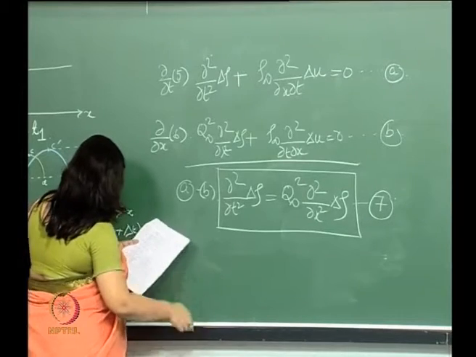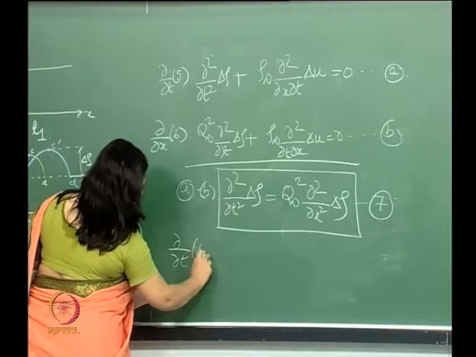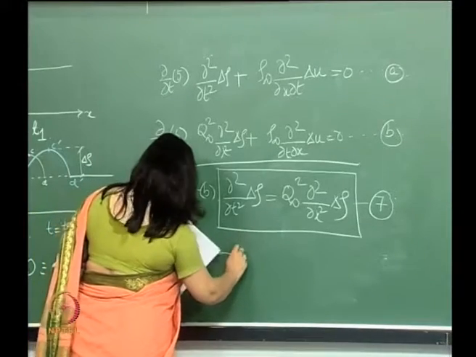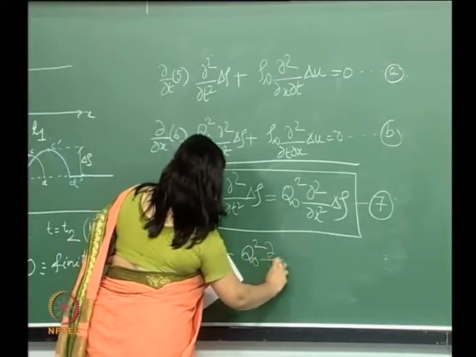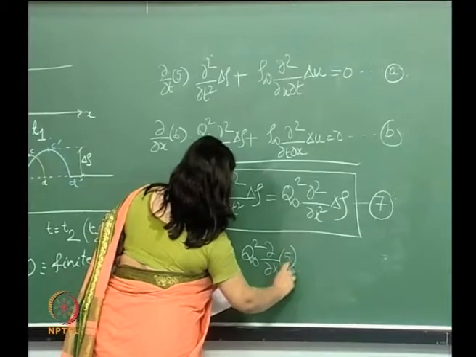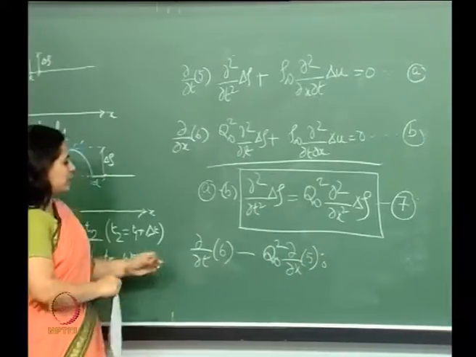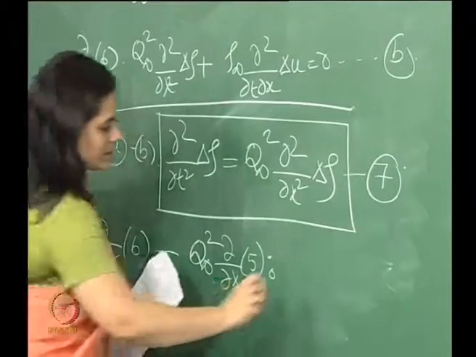So what we'll do is del del t of equation 6 minus del del x of equation 5, right. This is what I do, and what I get is this.